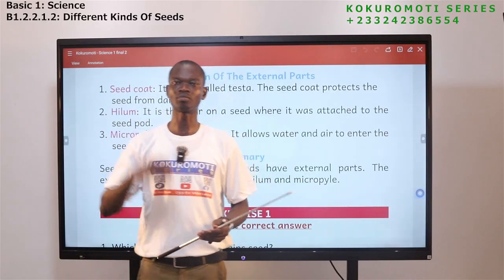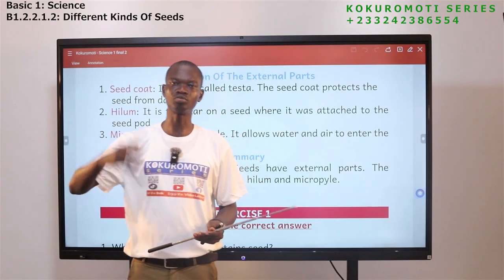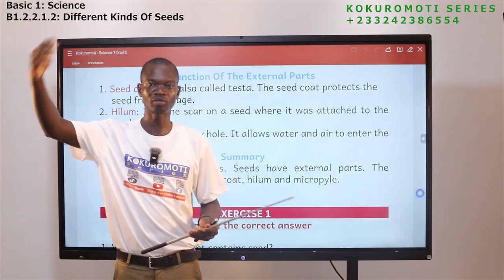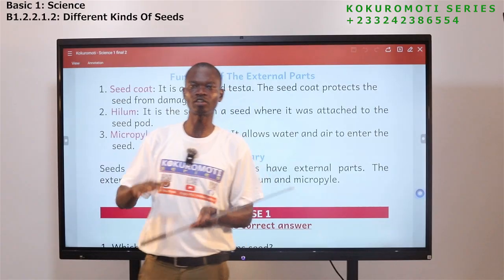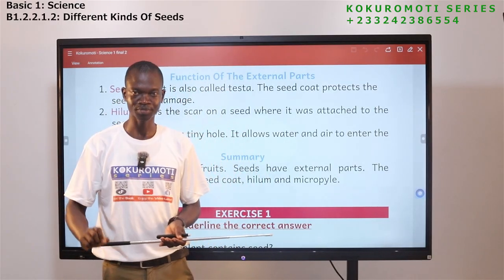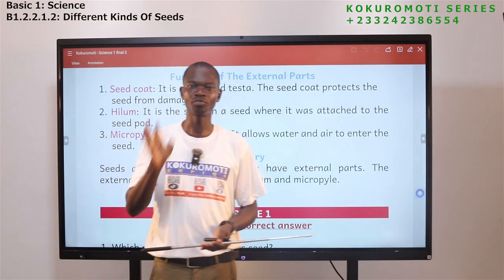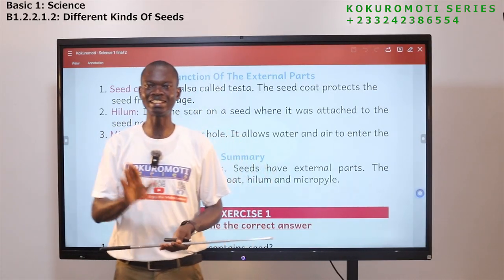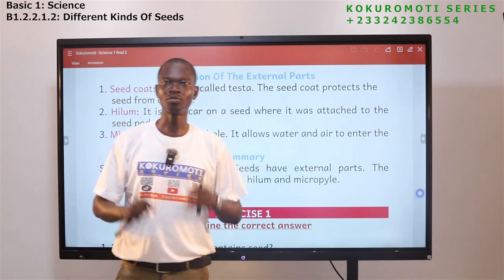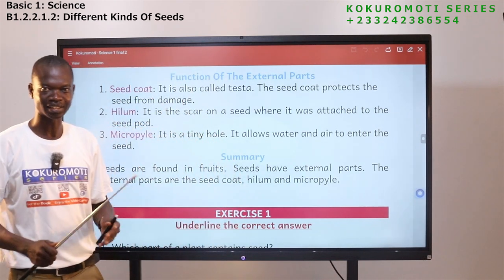Fruits that have more than one seed, 2, 3, 4, 5, and more than that, are called berries. And there are some fruits that don't have seed at all. We call those fruits seedless.